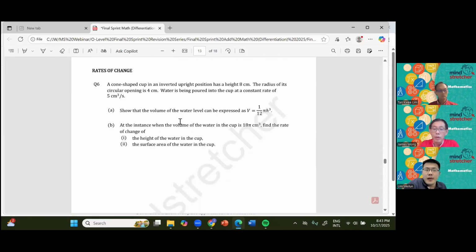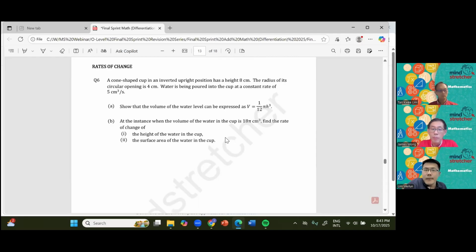In the first part, they ask you to show that the volume is given by this expression. For part B, they ask, at the instant when the volume is 18 pi cm cubed, find the rate of change of the height of the water. And the next part is about the rate of change of the surface area of the water.